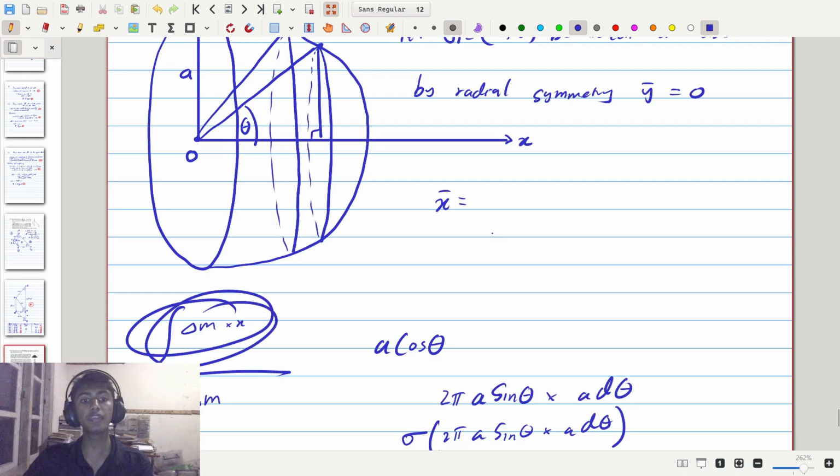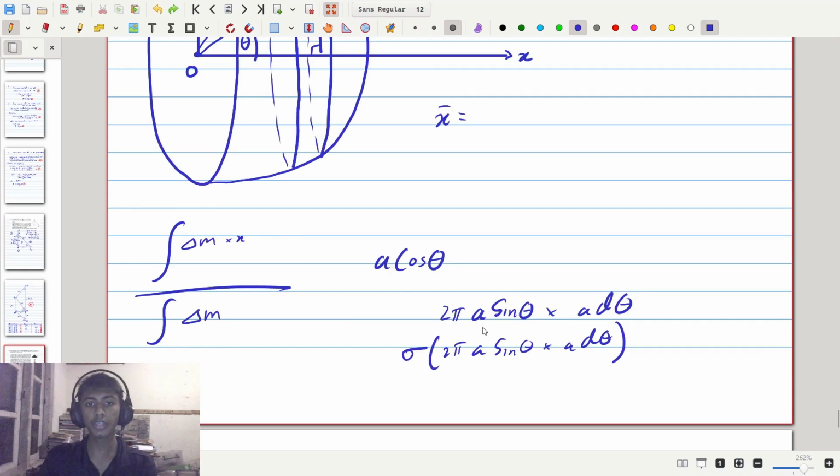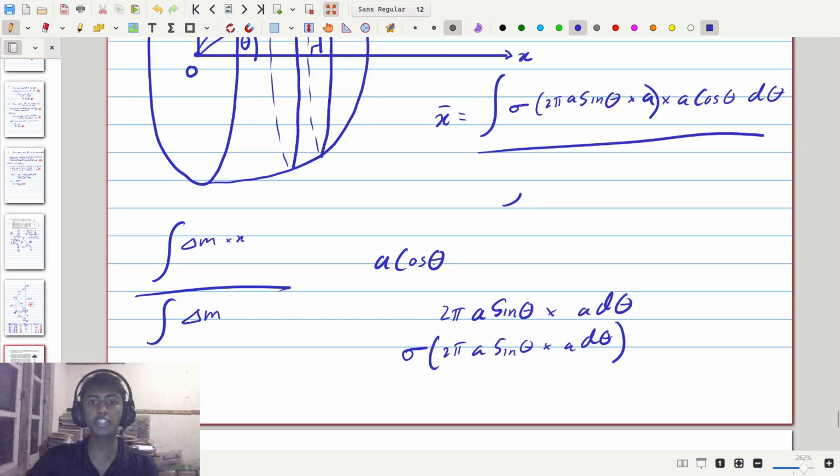to the integral of delta m times x, where delta m is this and x is this. So therefore, the integral of sigma times 2 pi a sine theta times d theta, and then we multiply by x, which is a cosine theta, integrated with respect to theta, and this needs to be divided by the integral of just the mass delta m, which in this case is this expression right here.